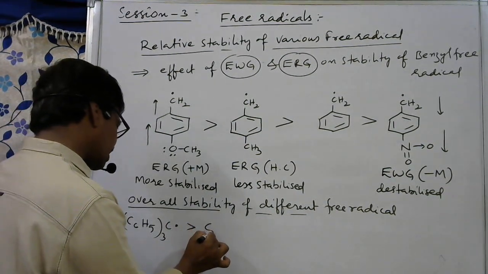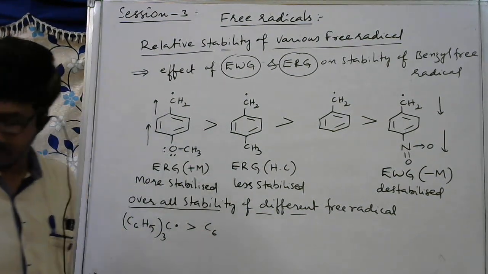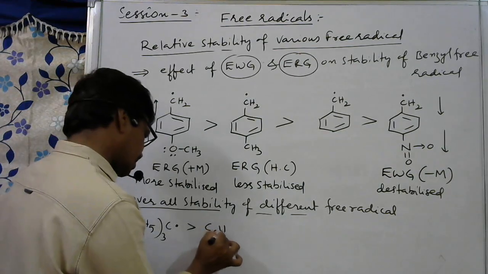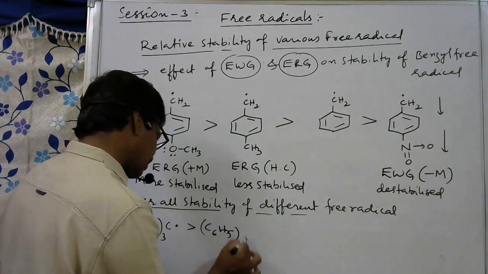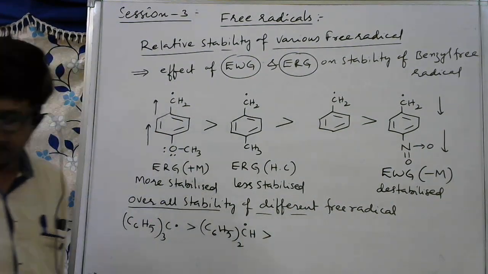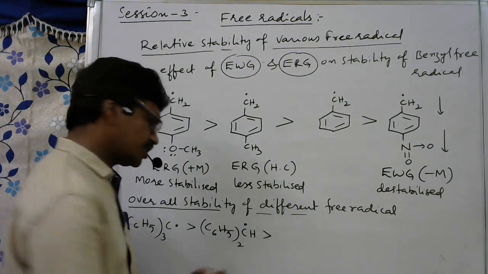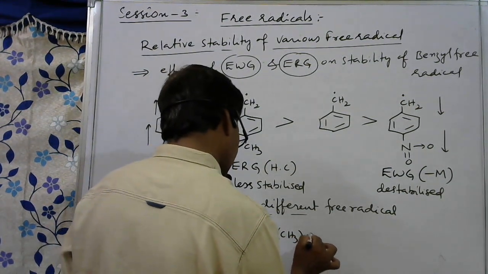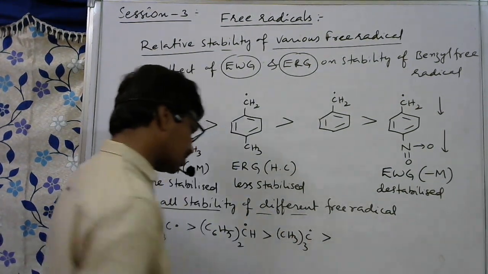Then (C6H5)2CH dot, C6H5 taken twice. Diphenyl methyl free radical is more stable than tertiary, (CH3)3C dot, because more hyperconjugation forms are present.